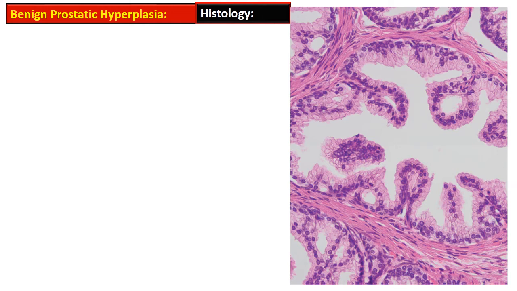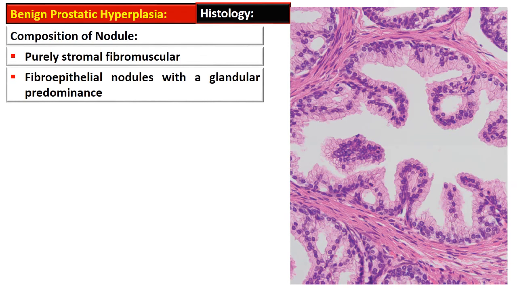The other is the yellowish pink and soft nodule, and it is composed mostly of glands. So the grayish firm nodules are purely composed of stromal, fibrous and muscular tissue, while the soft and yellowish pink nodules are composed predominantly of glands.